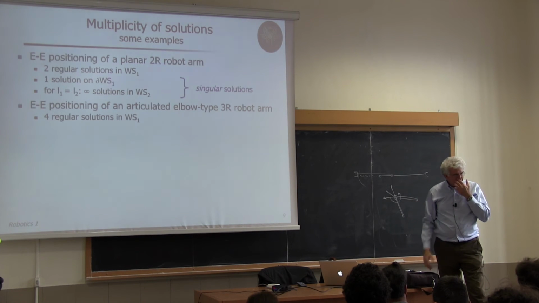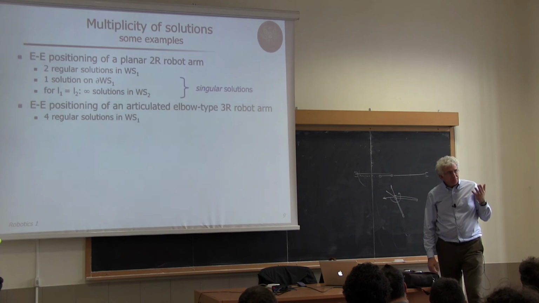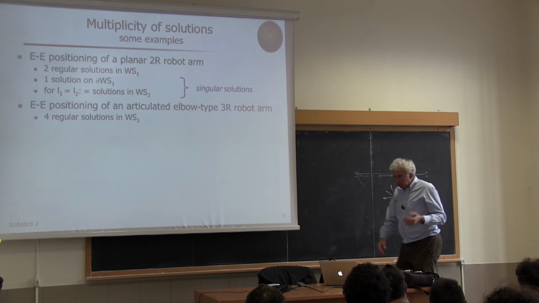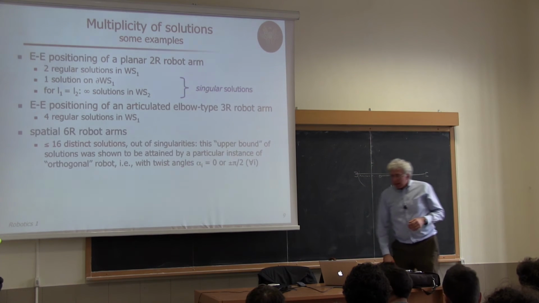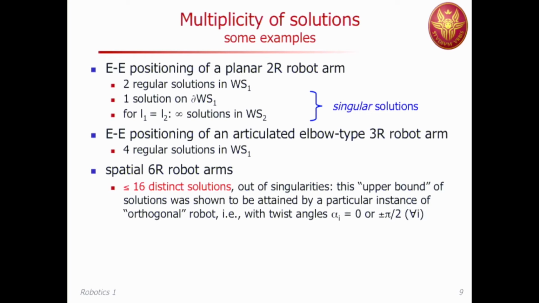But this is another story, okay? So you see that all these cases may happen. So now, people have investigated the most general case where it makes sense to count inverse kinematic solutions.